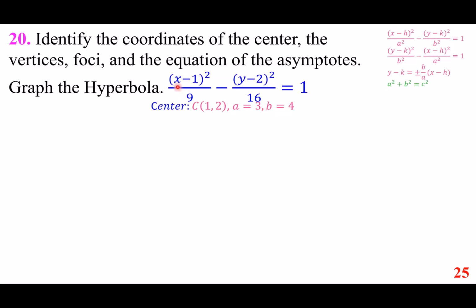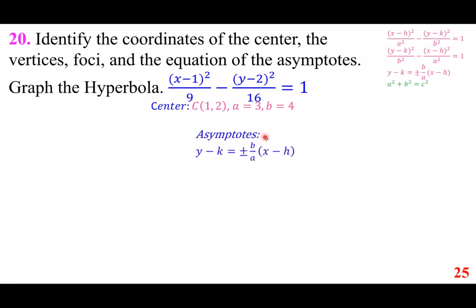Since we see a positive value here, this is negative, then it opens sideways. In essence, we have x squared, it opens sideways when it comes to this hyperbola. So from the center, we go A, that means 3 units to the right and left.